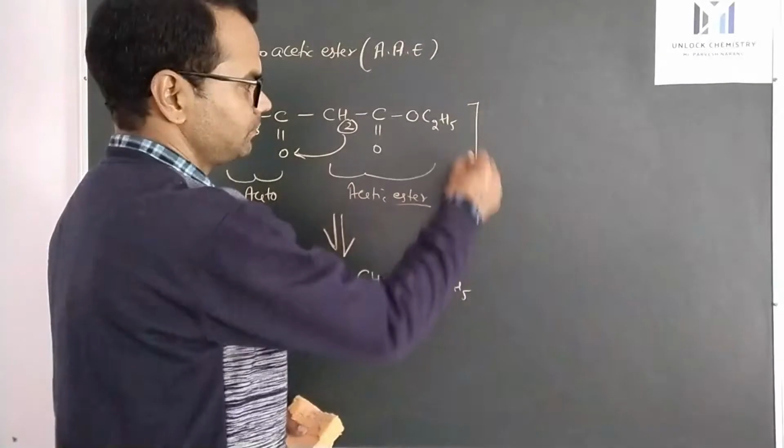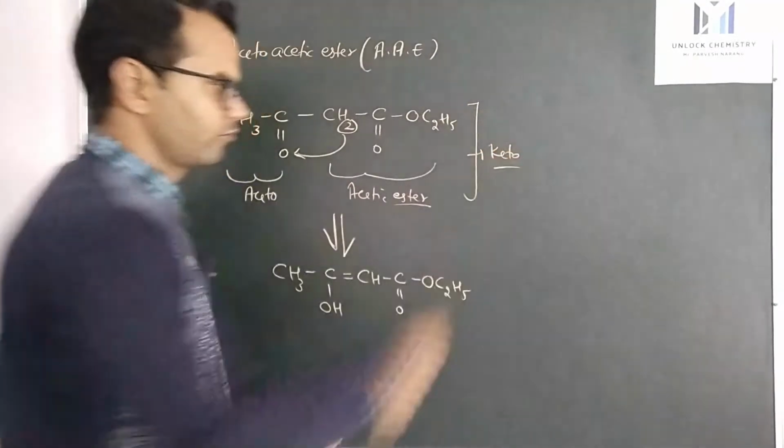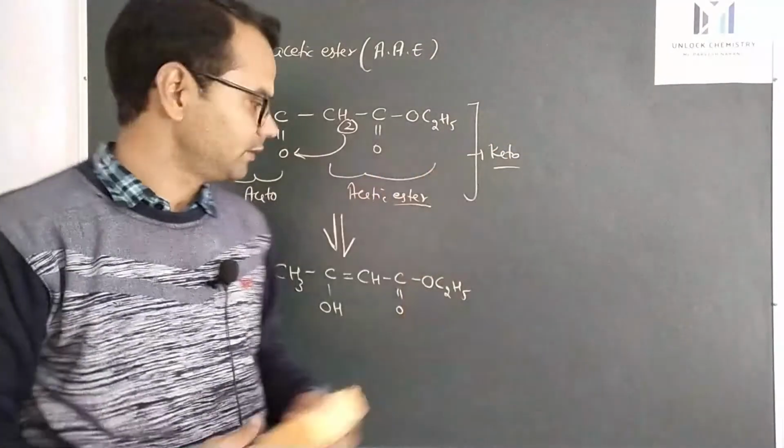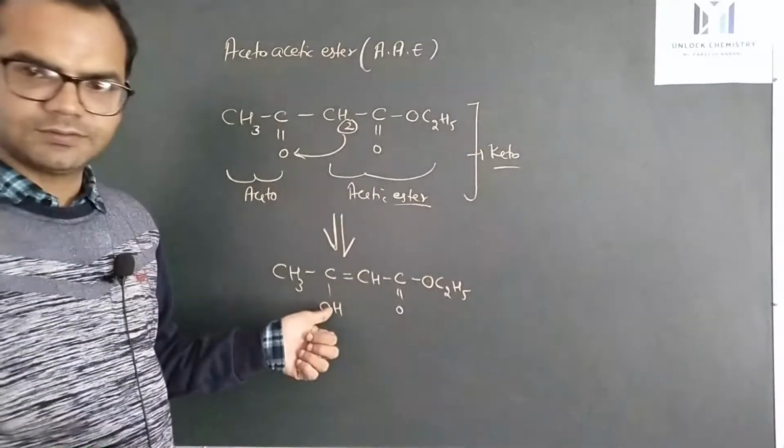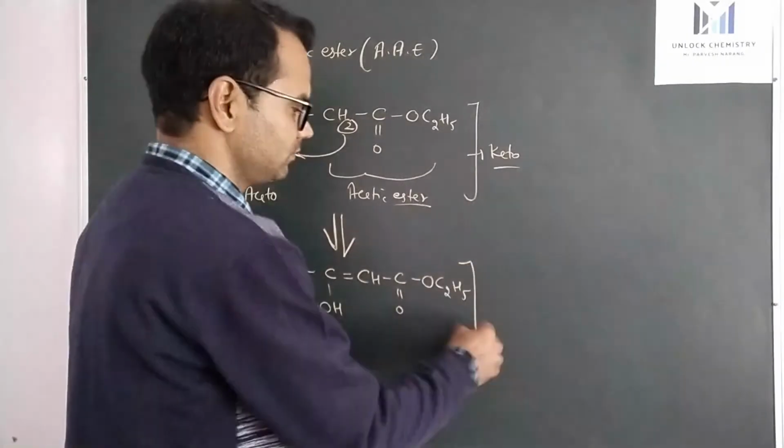Again, this is the keto form, and this is our enol form, with the double bond as ene, and this is ol. So this is enol.